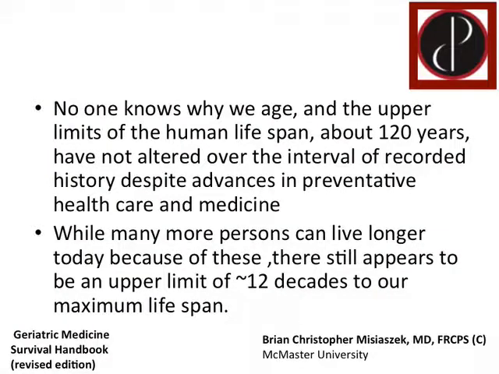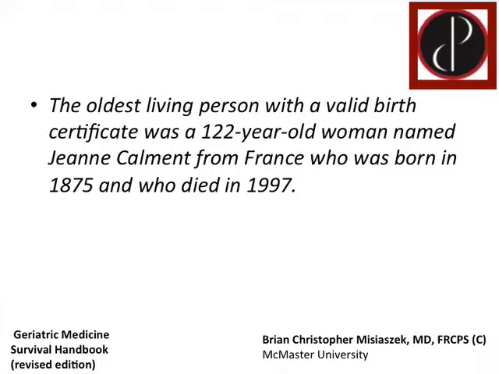And one question at the end: no one knows why we age, and the upper limit of human lifespan is about 120 years, which has not altered over the interval of recorded history despite advances in preventive healthcare and medicine. And the oldest living person with a valid birth certificate is or was a 122-year-old female, Jeanne Calment from France, who was born in 1875 and died in 1997.